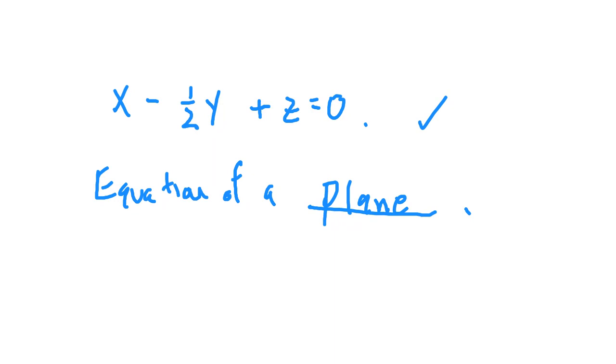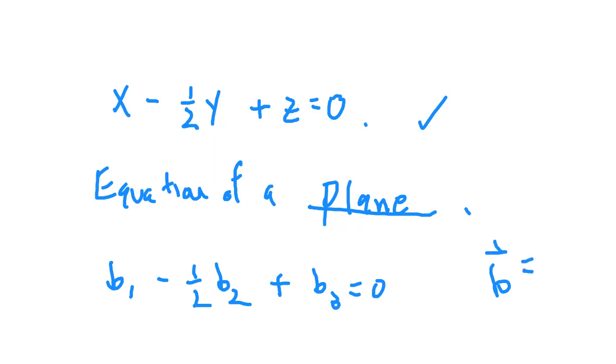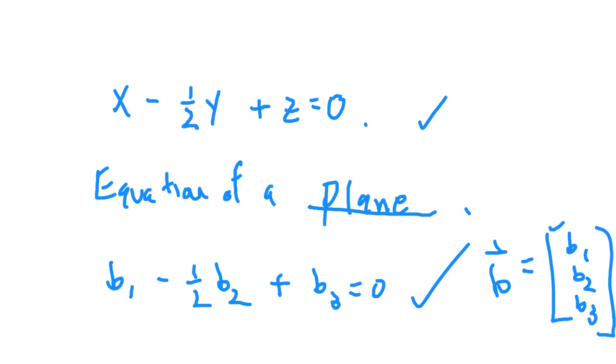All right, Cameron. Well, you see what they're doing in example 3 from section 1.4 is they have this restriction on B1, B2, and B3: B1 minus 1/2 B2 plus B3 equals 0. And remember, the vector B consists of coordinates B1, B2, and B3. So this also is an equation of a plane.